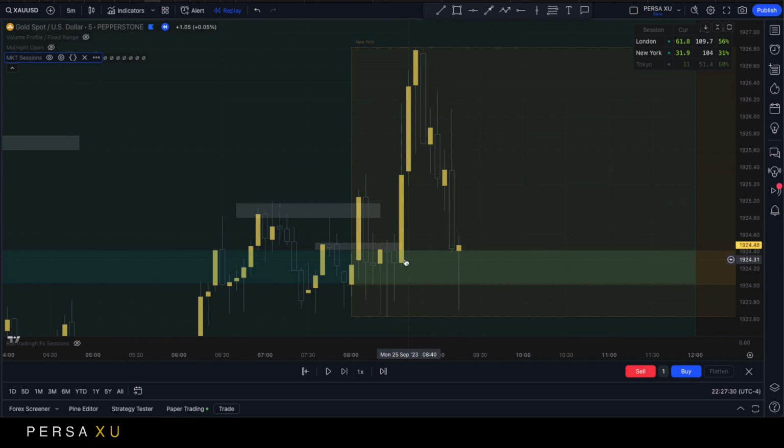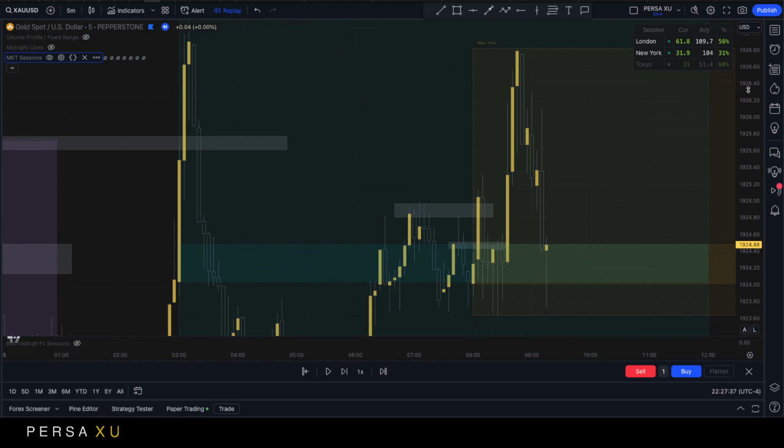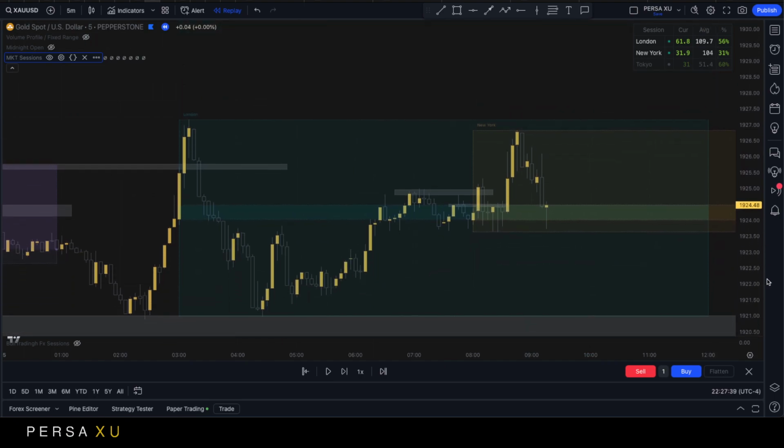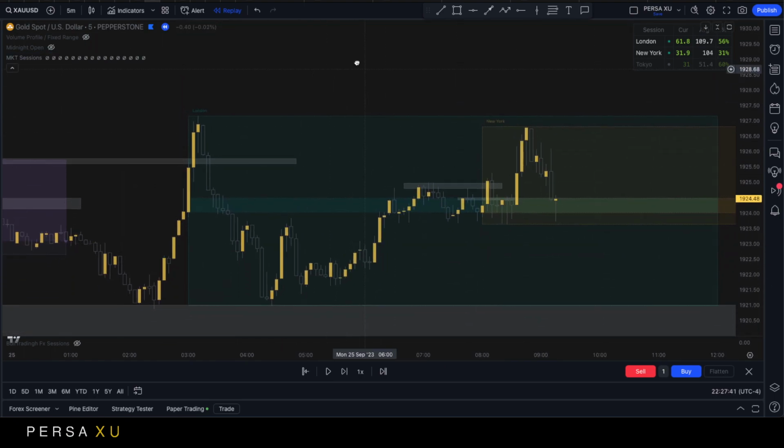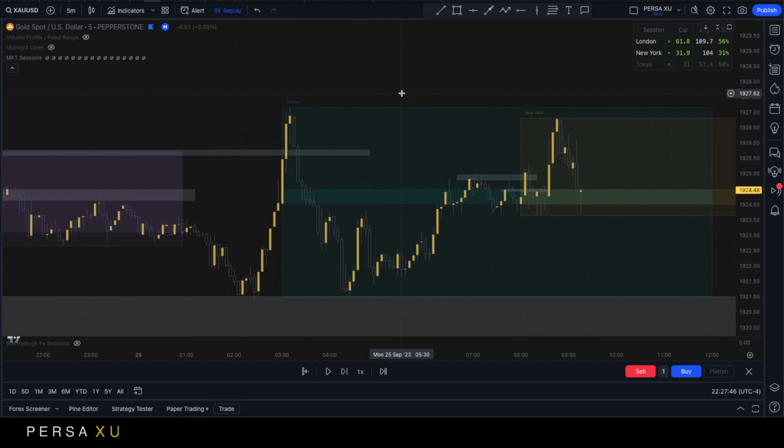These very steep peaks, I haven't actually read or heard anyone name them or call them a specific way, but in my understanding, they are liquidity grabs. Some people have said fake outs, others say manipulation.